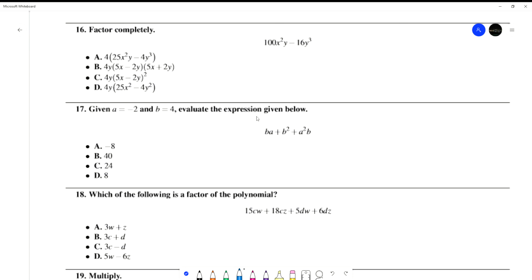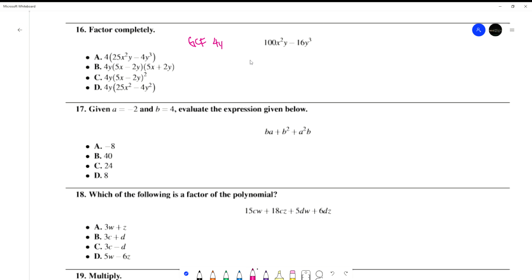Number 16, factor completely. And as you can see, there's a GCF, which is what we always look for, right? The GCF happens to be 4y, right? And if you're stuck, even look at the answer choices. They have 4y, 4y. So it has to be 4, right? Either 4 or 4y. And you see both terms have a y, so it has to be 4y, right?